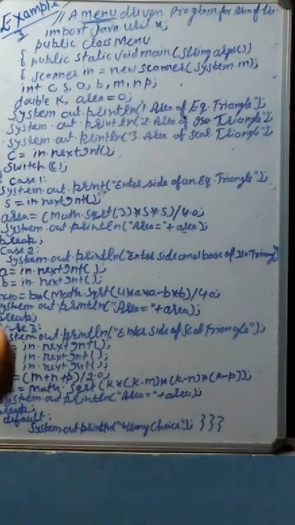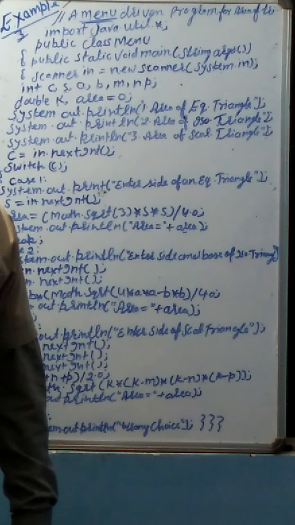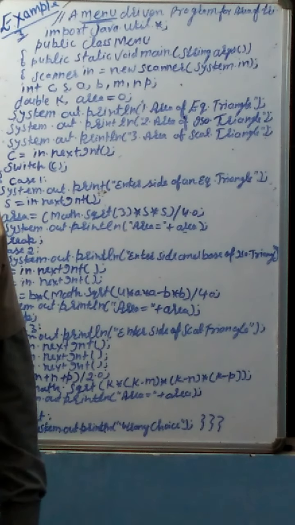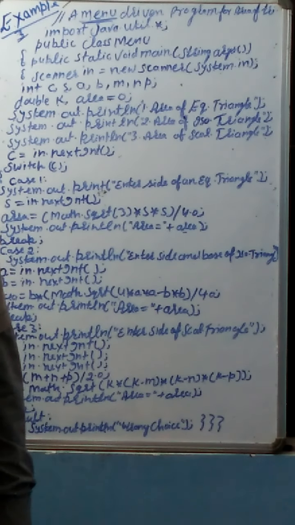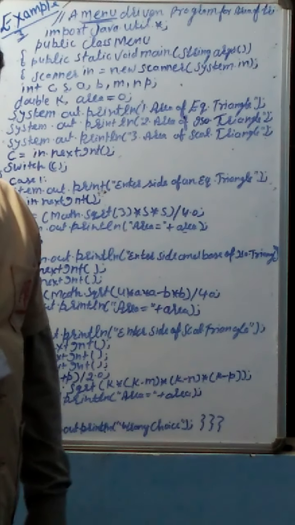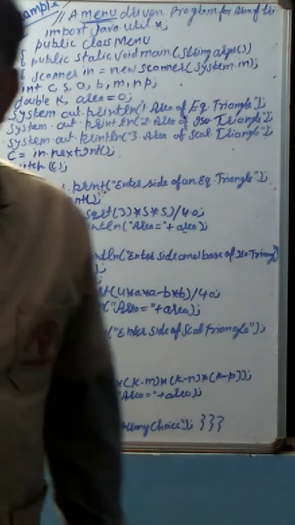Now we use k here because the formula of the scalene triangle is the square root of s times (s minus m), (s minus n) and (s minus p).